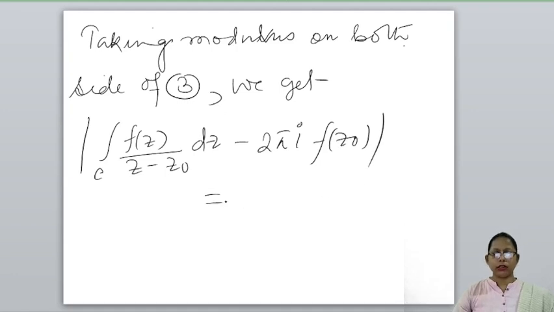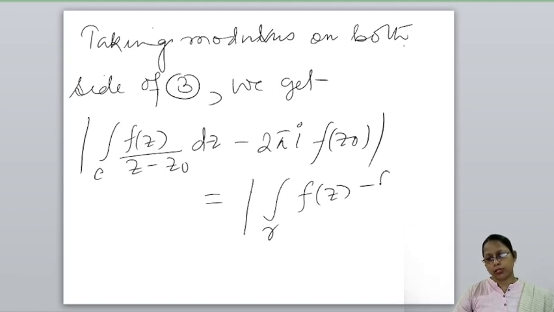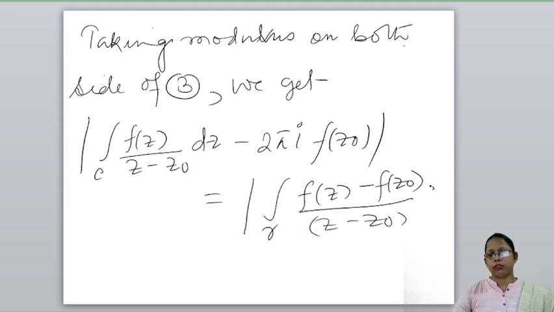On the right-hand side, it is the modulus of the integral over gamma of (f(z) minus f(z naught)) divided by (z minus z naught) dz.